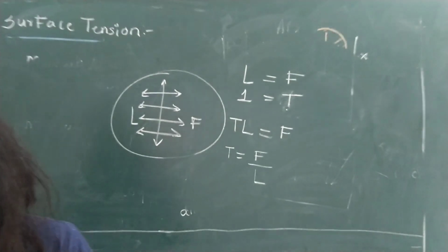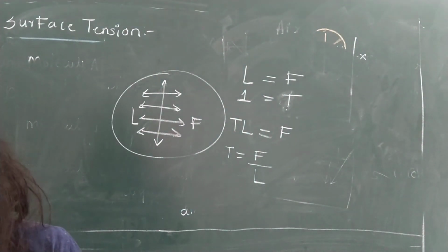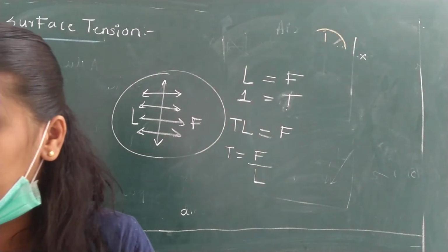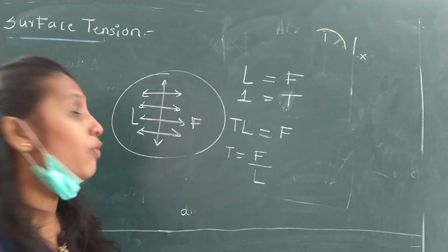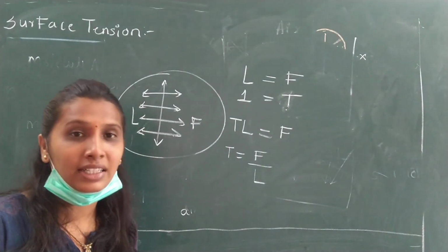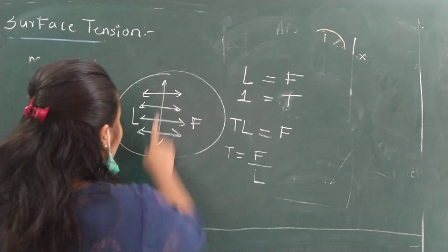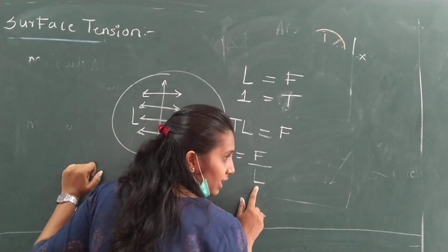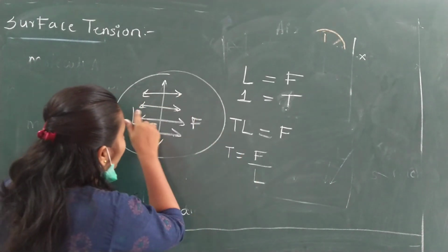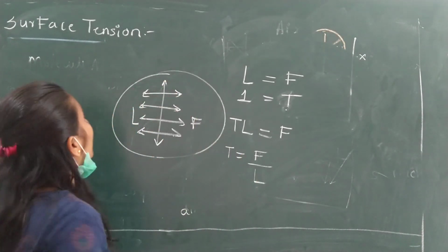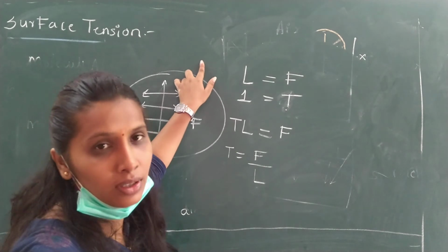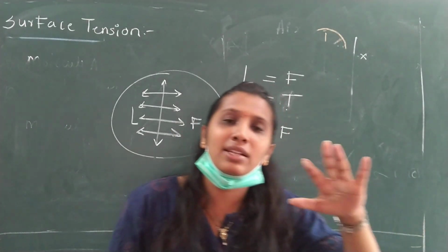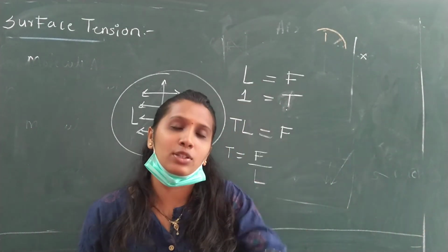If you remember this diagram, it is easy to define. So force per unit length acting on both sides of this imaginary line is known as surface tension. Whatever I have spelled out now, exactly the same way it is given in your text.